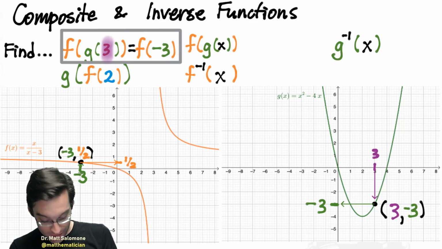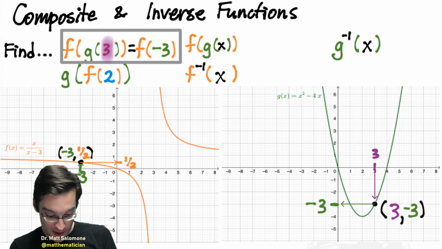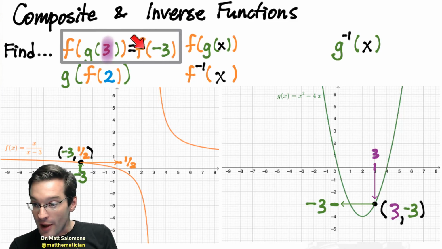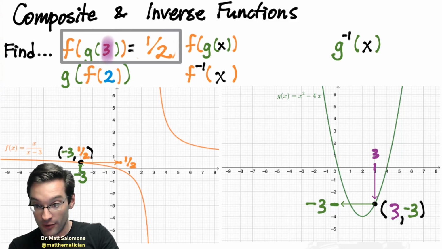Looks like it's equidistant between 0 and 1 here. I'm kind of estimating from this graph, but we'll verify using the formula in just a moment. So f of negative 3 becomes 1/2, and therefore 1/2 becomes the result of the composition, as we call this, of f of g of 3.